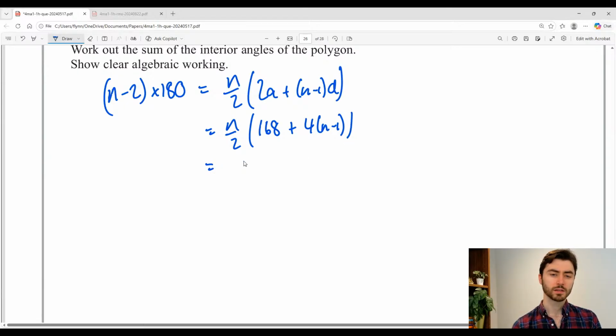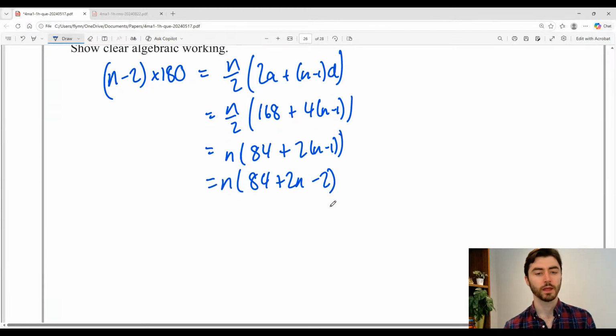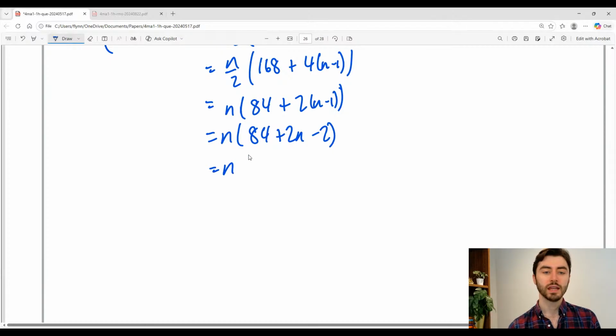So I'll multiply the half in. So that's n into 84 plus 2 lots of n minus 1, which is n into 84 plus 2n minus 2, which is n into 82 plus 2n, which is 2n squared plus 82n.